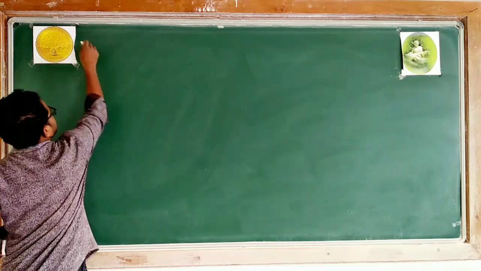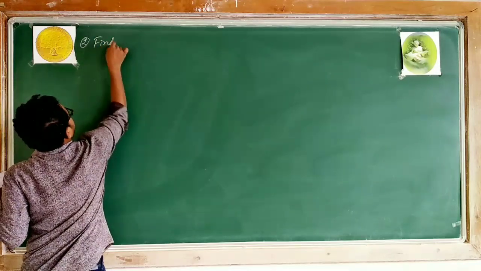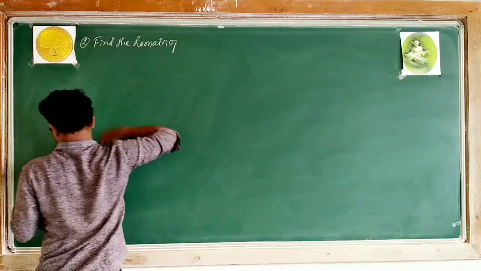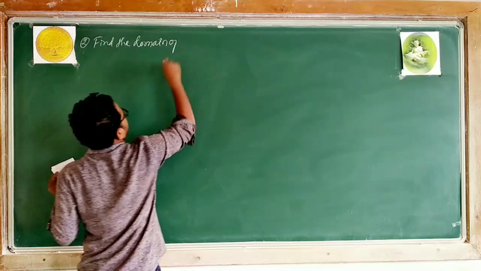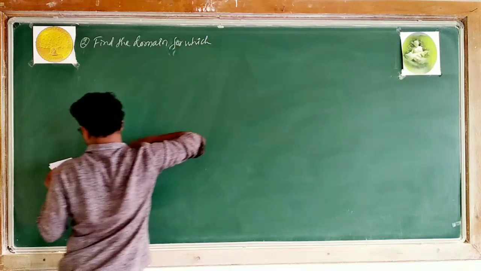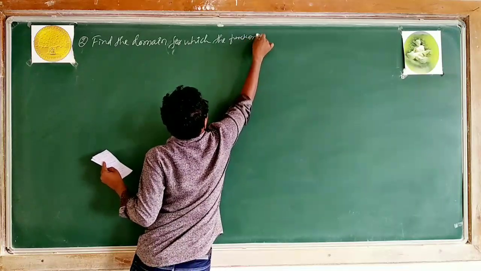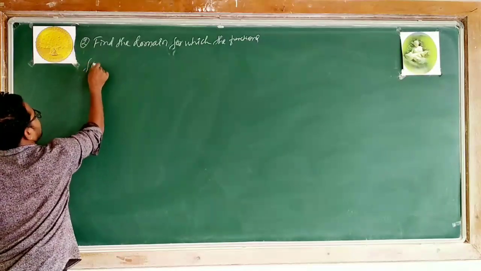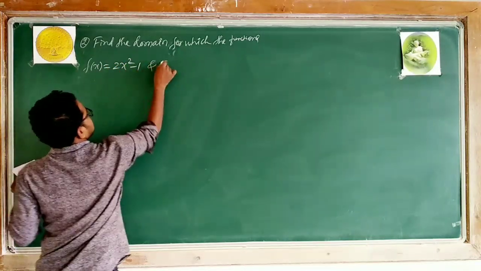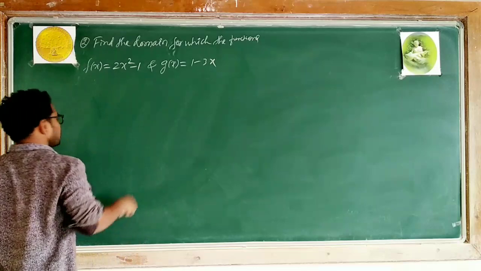Next, second problem. Find the domain for which the functions f of x is equal to 2x square minus 1 and g of x is equal to 1 minus 3x are equal.